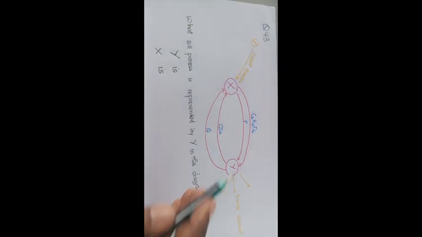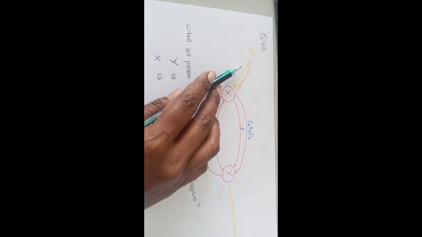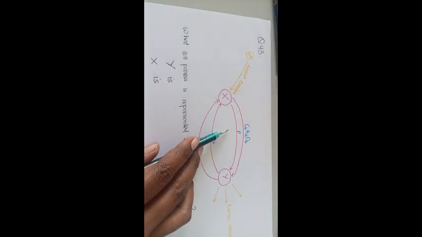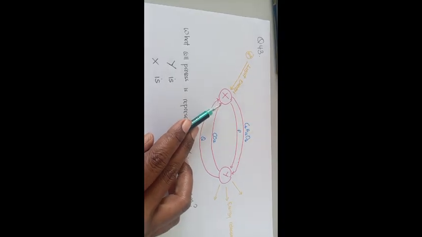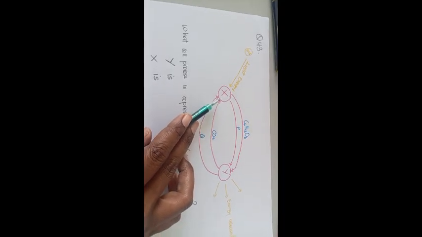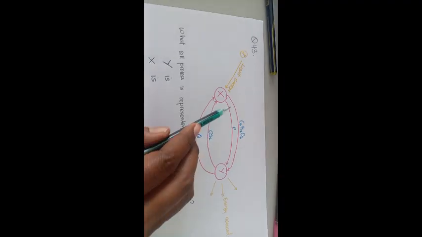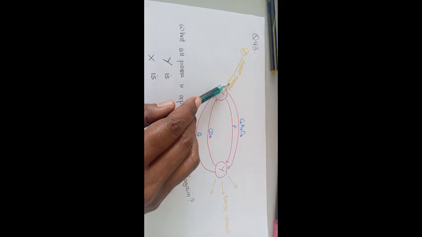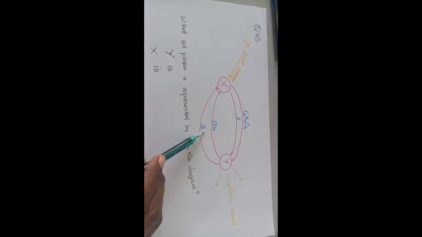Let's begin again. The first hint for X is the presence of sunlight. If you see the arrow pointing towards a cell process, it means that that cell process needs carbon dioxide, and it also needs the light energy from the sun. And we have Q here.